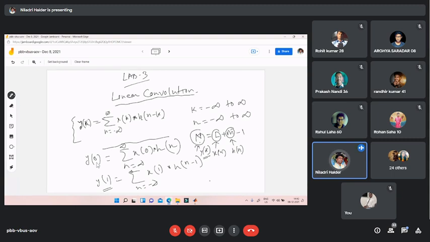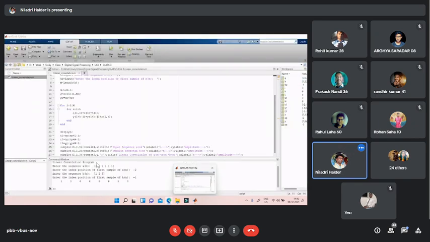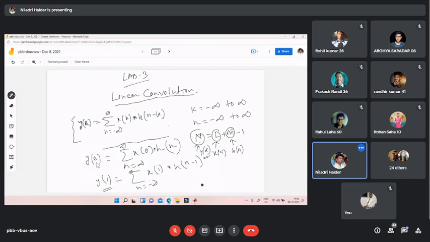Now, depending on that, you have to write down the code. To write the code, what input parameters do you need to consider? First, obviously, xn and hn, over which the linear convolution will happen.